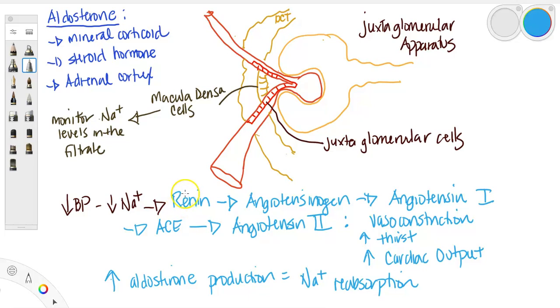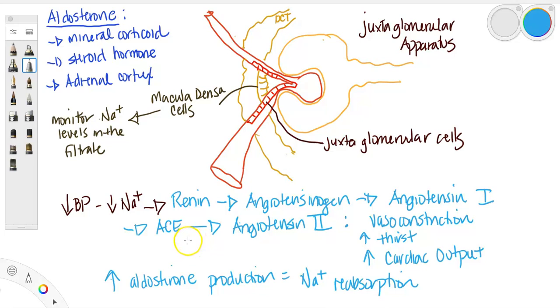Again, it starts with the renin. The macula densa cells tell the juxtaglomerular cells to secrete renin, and that will stimulate angiotensinogen to become angiotensin 1.